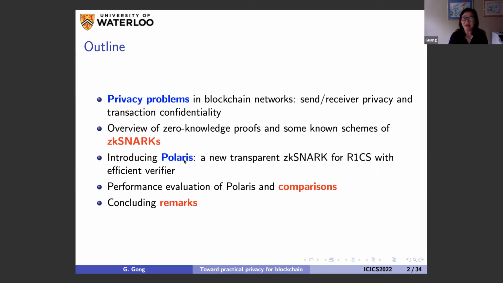Then I will give you a concrete example, which is Polaris. This is the transparent setting, and for the circuit, we use the Rank-1 Constraint Satisfaction circuit. Then I will show you the evaluation.